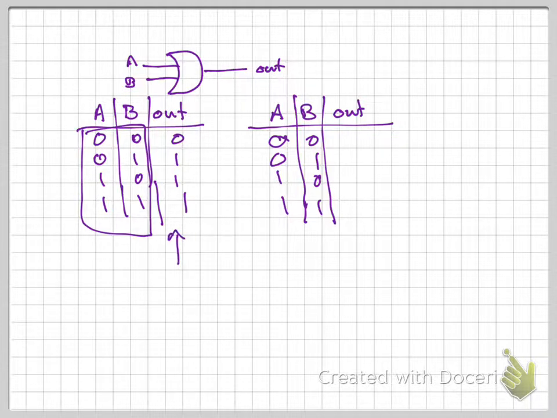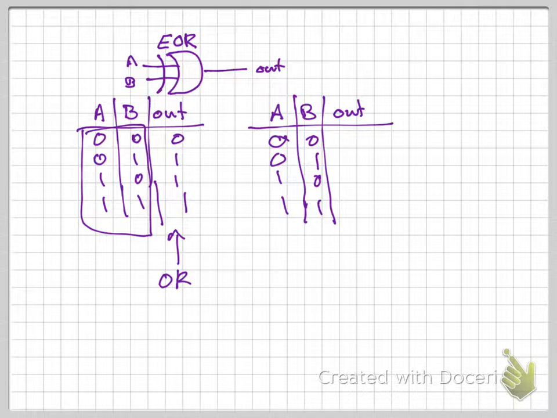Now the exclusive OR is slightly different. So this is OR, and the exclusive OR is this gate drawn with an extra line there. It's EOR, like the donkey, but spelled differently.